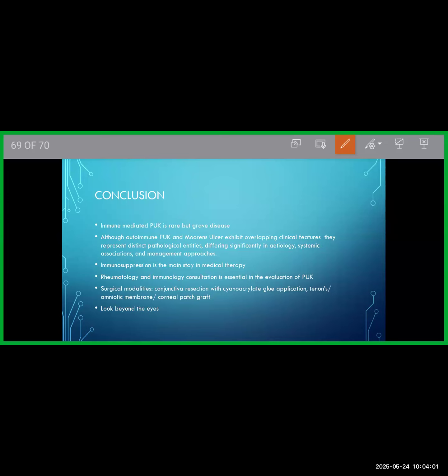Is there a role for amniotic membrane grafts as an alternative to conjunctival tissue? Yes, sorry, I forgot to mention in the course of the talk, there's a role for amniotic membrane graft. Usually, instead of doing a conjunctival flap, amniotic membrane tissue graft, if available, can be used instead of the conjunctival flap.